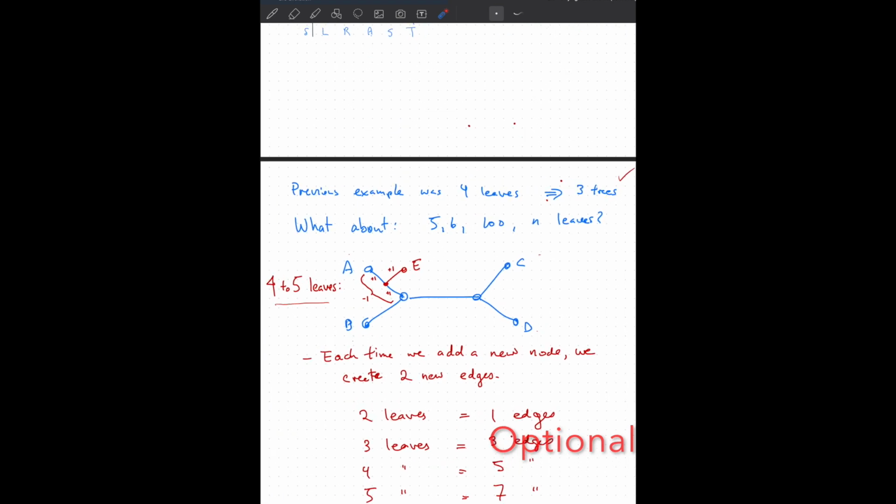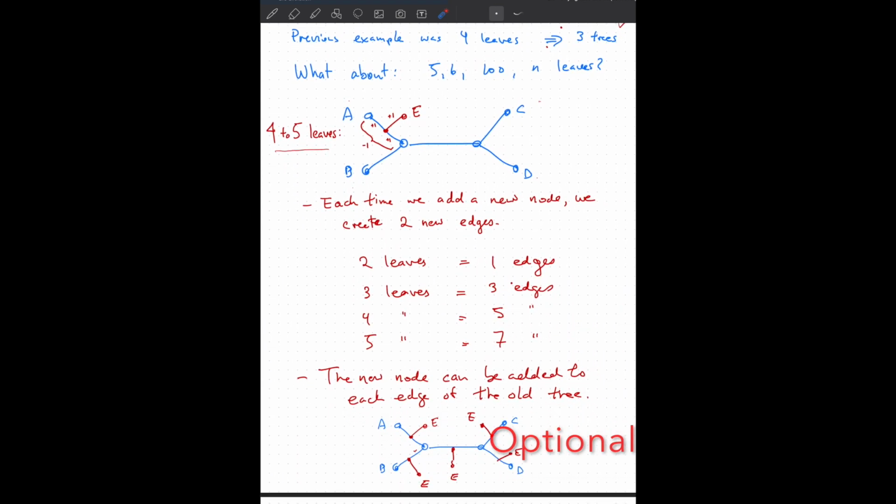Right? Okay, so you should convince yourself. Stop the video and convince yourself you understand. So now, if I have 2 leaves, I have 1 edge. That's easy. If I only have 2 leaves, then I only have 1 edge. If I have 3 leaves, then I have something like this, 3 edges.